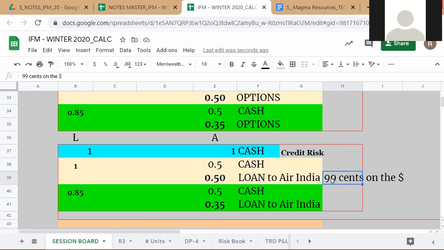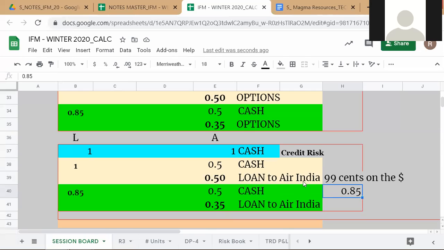But because of some fluctuations in the market, what might happen is this changes. Let's say there is a deterioration in Air India's credit quality, because airlines are not doing well, they're not generating enough revenue, and cash flows are poor.